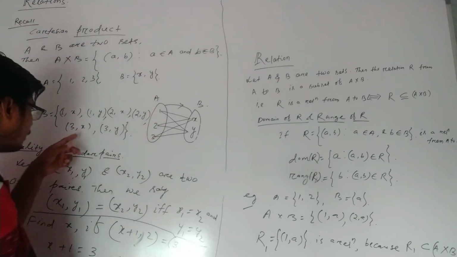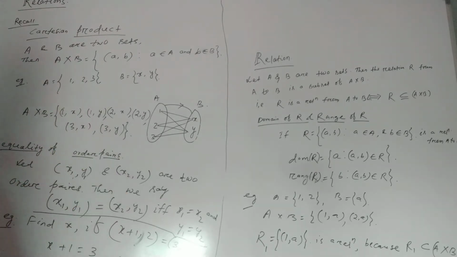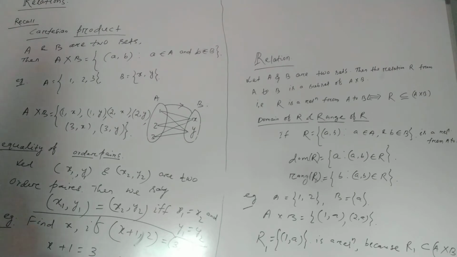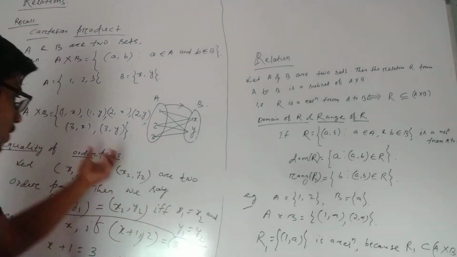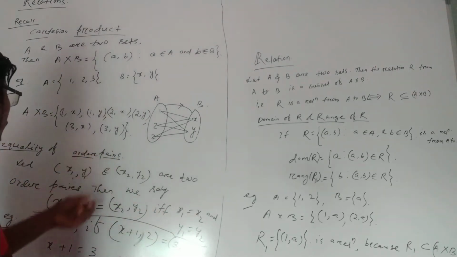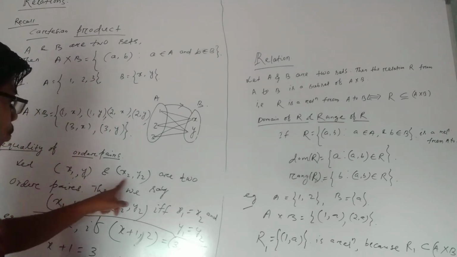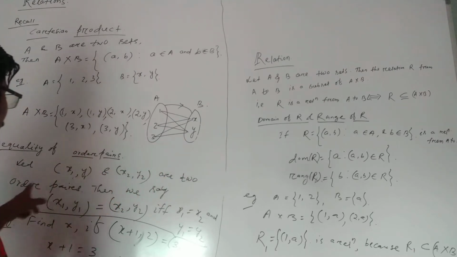Now, equality of ordered pairs: when are two ordered pairs equal? What is the application of this equality of ordered pairs? Let (x1, y1) and (x2, y2) be two ordered pairs.